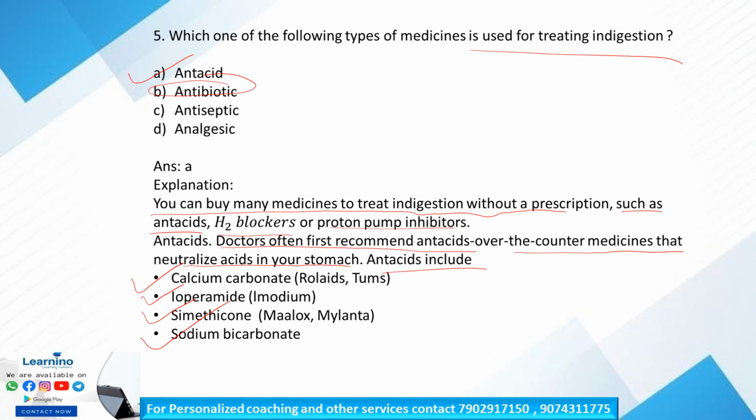Analgesic is used for pain management like headache, injuries to joints, arthritis, etc. Analgesic is a painkiller. So here our question is, which one of the following types of medicine is used for treating indigestion? It is antacids, which we all know, and we can get them from medical shops without any prescription. Clear? Okay, so next question.